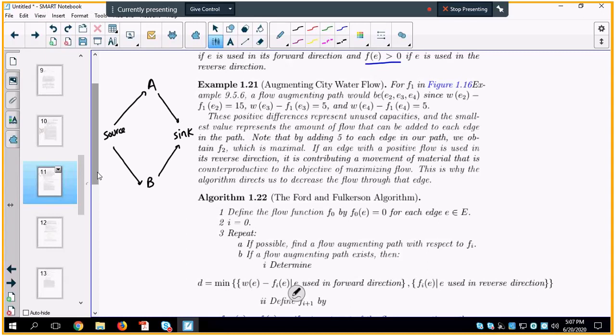So for the first function, you'll recall that F1 of E1 was 20 out of 25.